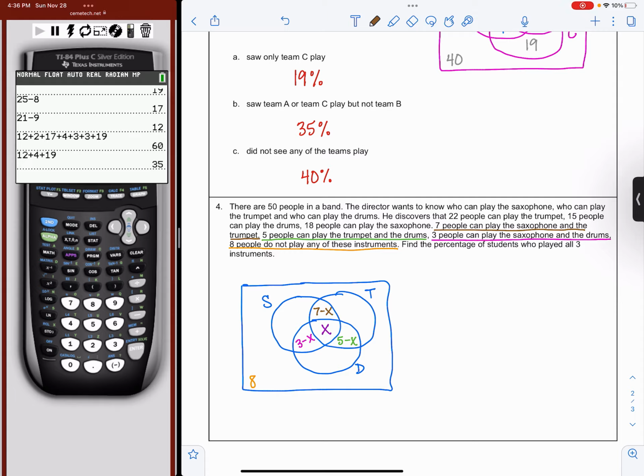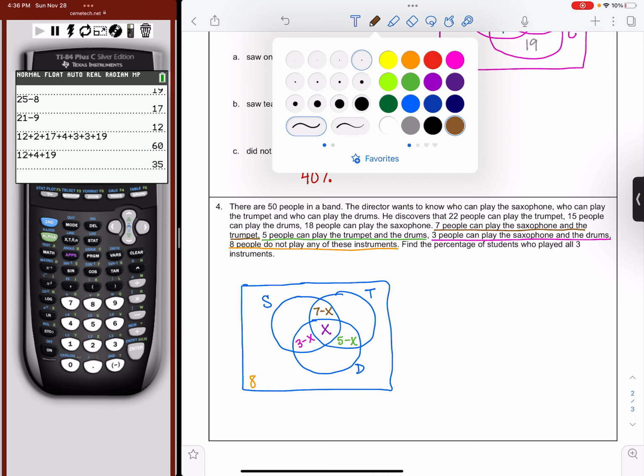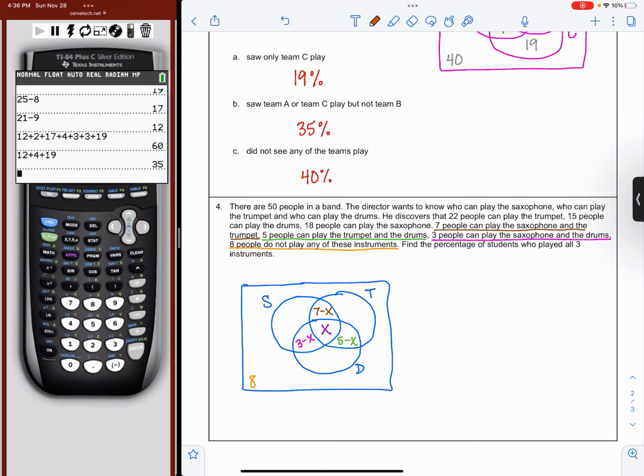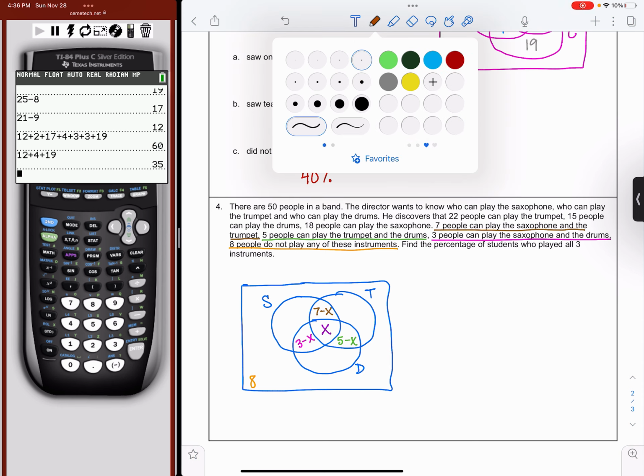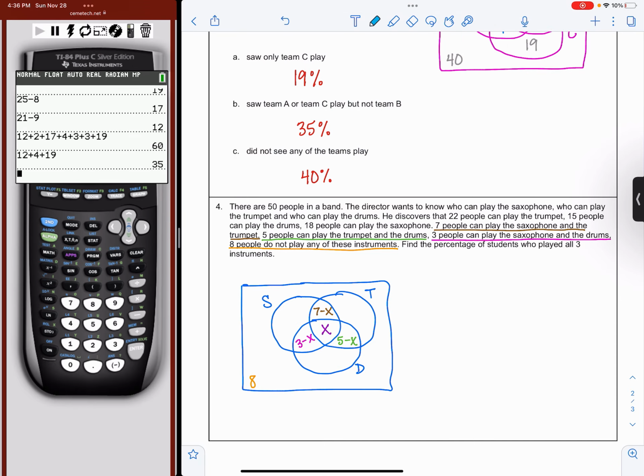And then we can go to where we have the entire sections here, or the entire amounts. And I'm going to use, let's see, a different color. I'm going to use that blue here. Okay, so it says 18 people can play the saxophone.